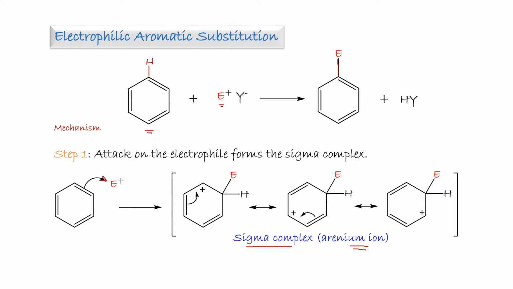When we attack, we form a positive charge here, which then delocalizes over the cyclic ring, causing stability of this intermediate.